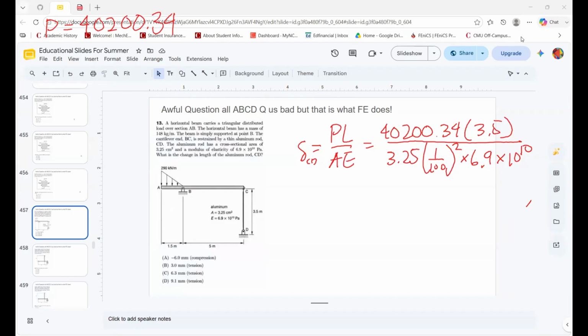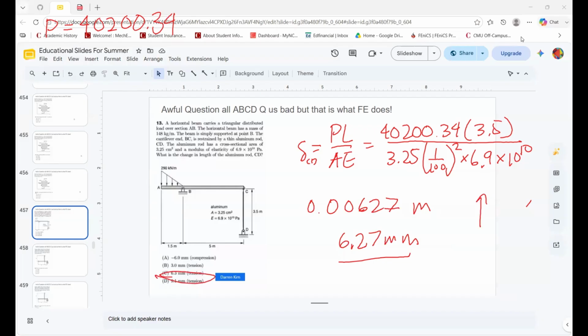I don't think it's right because it is really small, but oh, it's millimeters, yeah. I get 0.00627 meters, which you could write as 6.27 millimeters. And according to this chart, it was positive, so it's plus. So C is in tension.